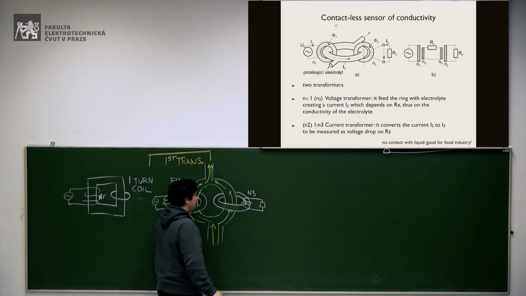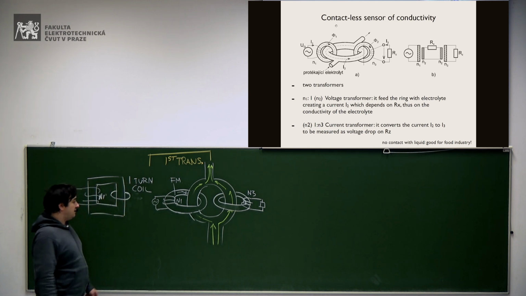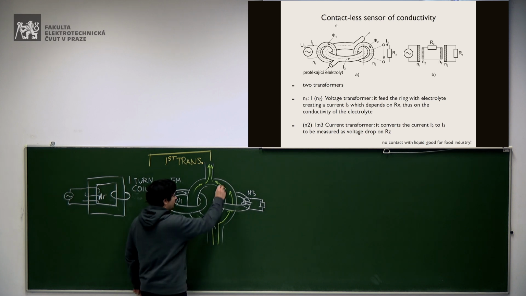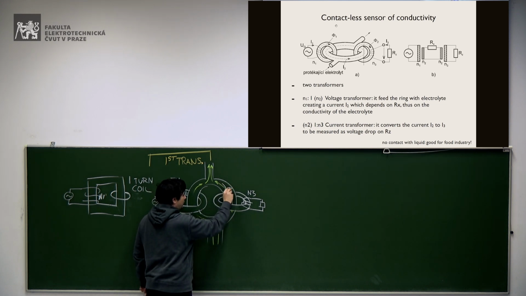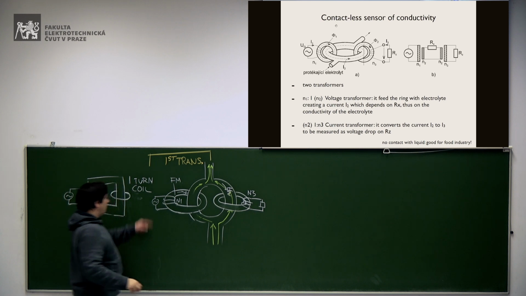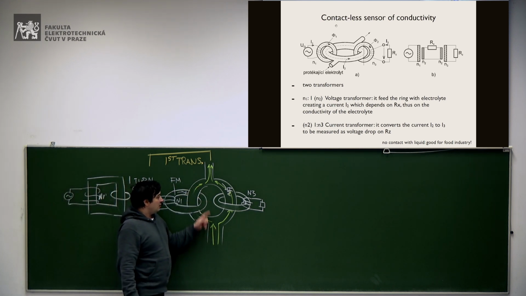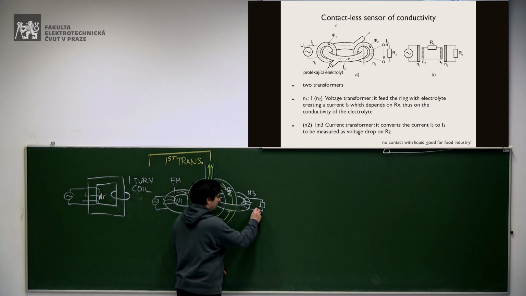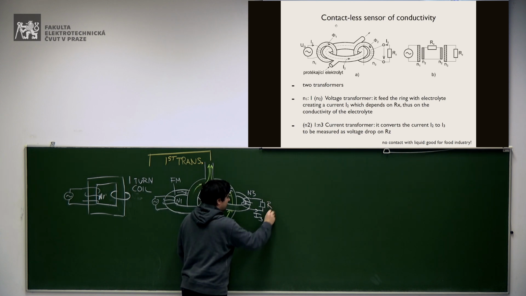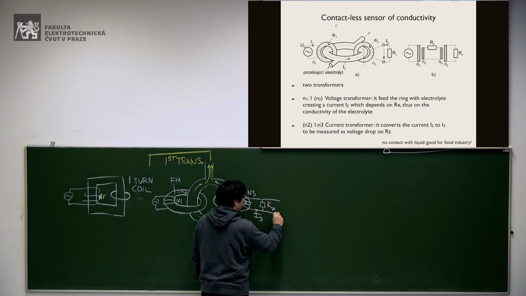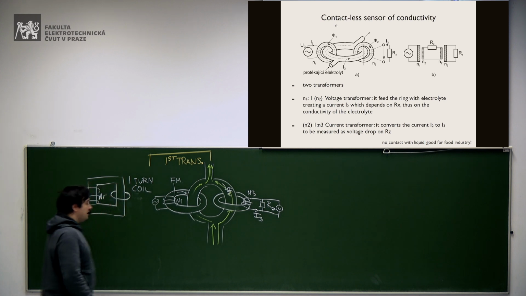So you convert the current I2, the electric current I2, in this one-turn coil of the electrolyte. You convert this current into a current I3, and you measure it, for instance, having a resistor RZ here, and then measuring the voltage on the resistor, okay?